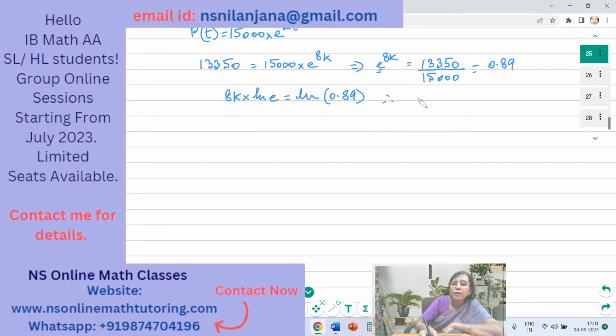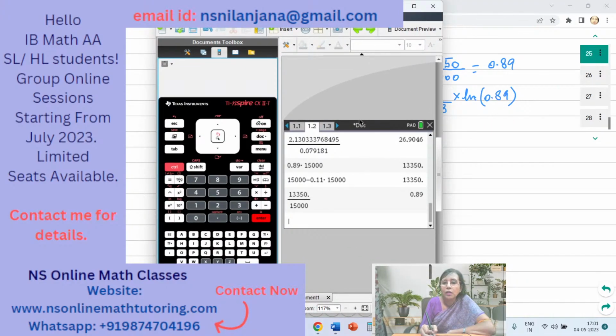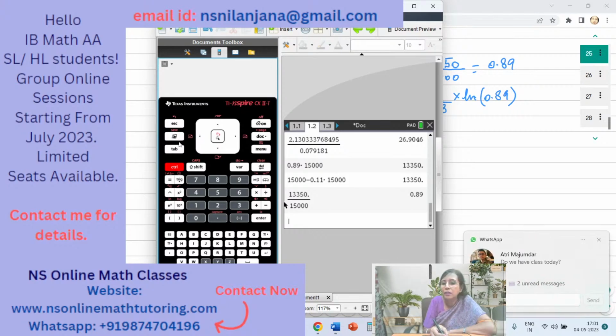Therefore, k is equal to 1 over 8 times ln of e is 1, ln of 0.89. 1 over 8 times ln of 0.89.